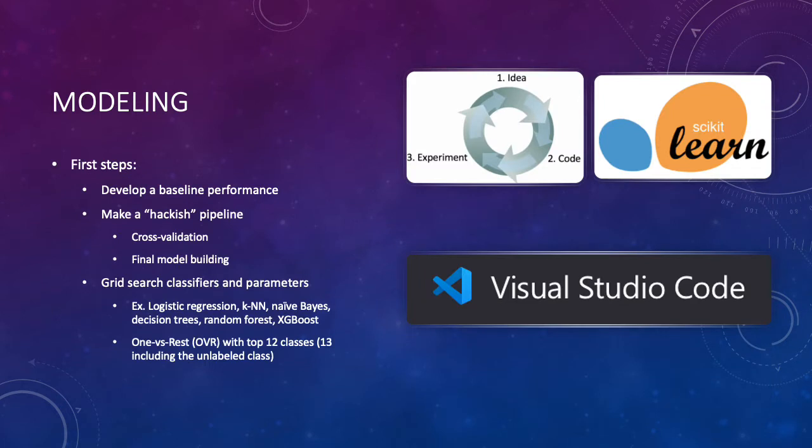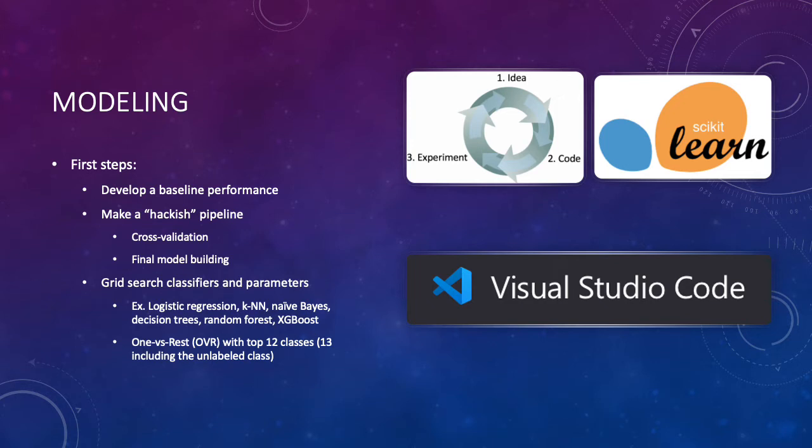In the modeling process, we want to iterate through multiple models as fast and as efficiently as possible so we can check what sort of features and model architectures are best for this problem.